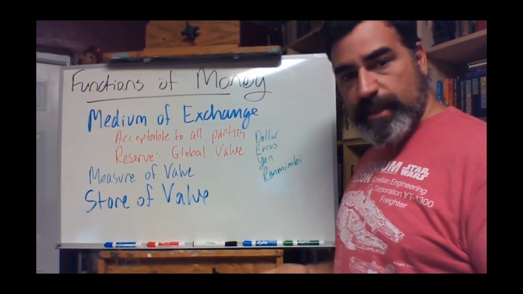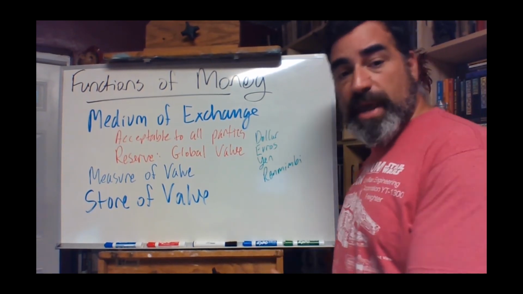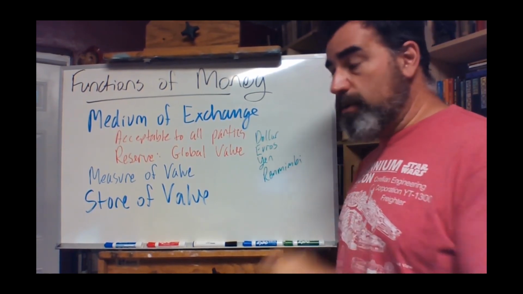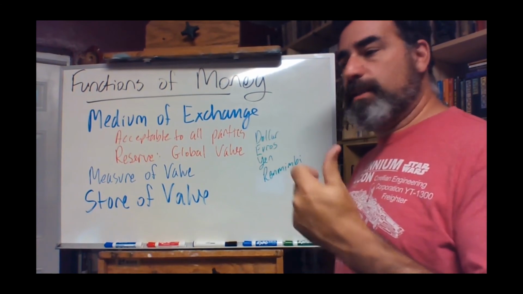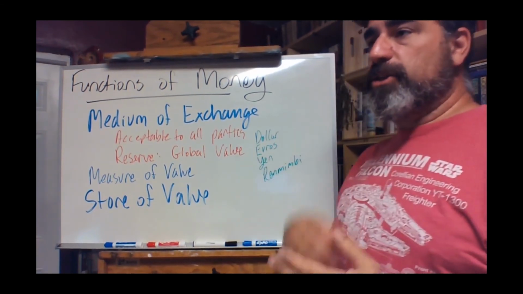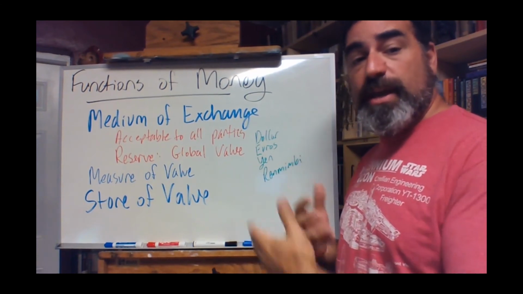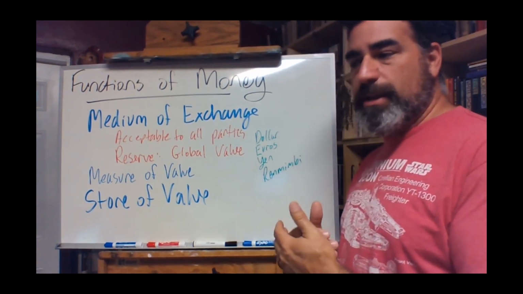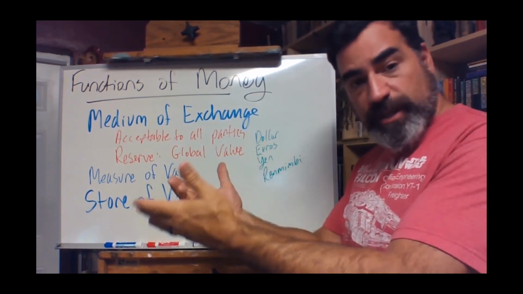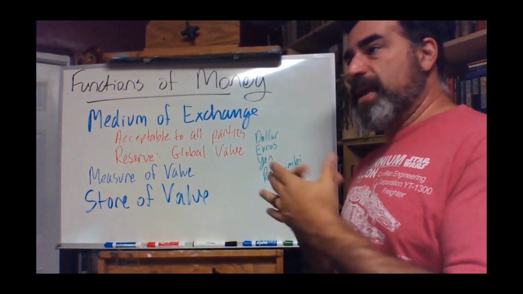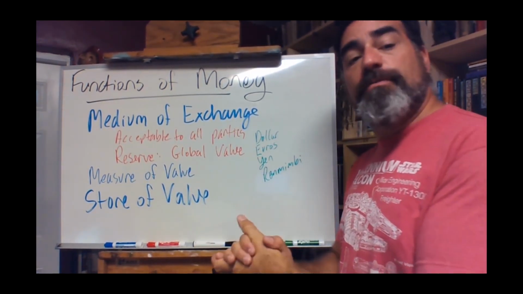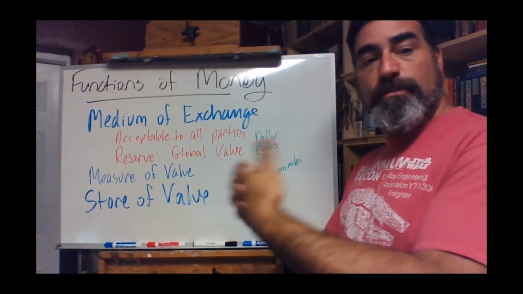You can take that money, store it, put it in a bank, take it out. You have a pretty good idea that the money you save today is going to be of value down the road. So now you have an incentive to actually save your money and use it strategically. You can make assumptions about the value of that money, and you can then plan for your future.